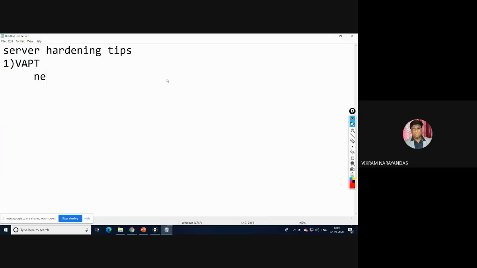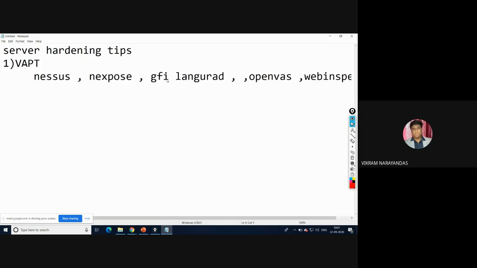In VAPT, one is Nessus, Nexpose, GFI LANguard, OpenVAS, Web Inspect, and NetSpace.